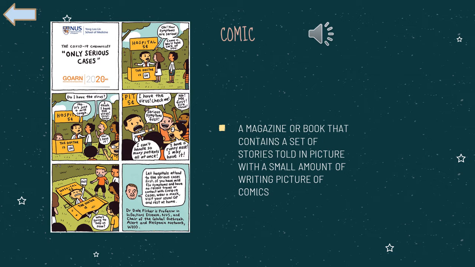And then the fourth sort of visual media is comic. Mostly all children from 10 until 15 years old already know what a comic is. A comic is a magazine or book that contains a set of stories told in pictures with a small amount of writing.